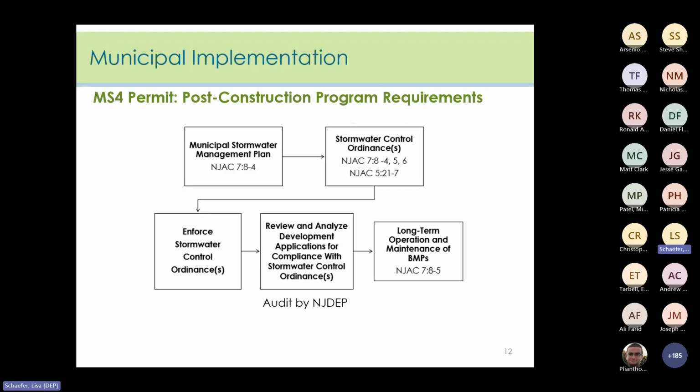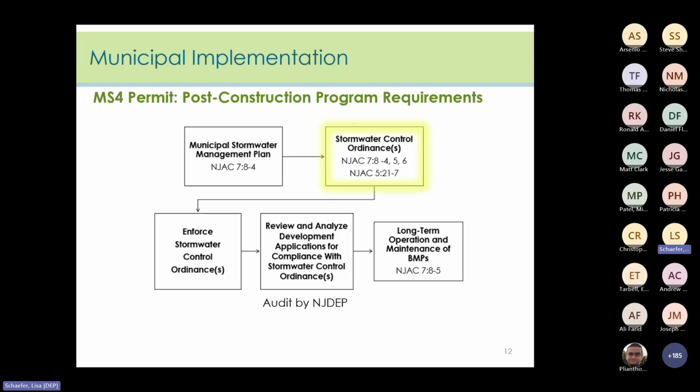Each box on this slide represents a required element of the post-construction program, and there's a bit of an order to these elements. The first box is the Municipal Stormwater Management Plan, which is required under NJAC 7:8, aka the Stormwater Management Rules or the rules in Subchapter 4. Every municipality is required to have a stormwater management plan, which is adopted into the master plan and used for long-term planning.